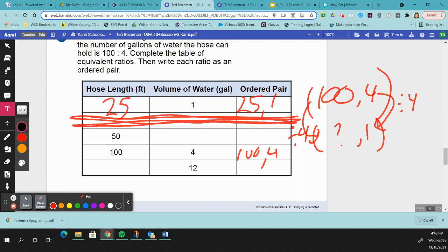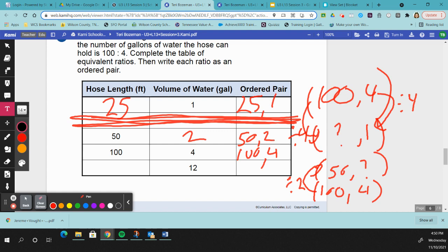Then I look at, okay, I've got 50, right? 50 to something, and my original was 100, 4, right? Well, how do I get from 50 to 100 or 100 to 50 if I was going the other way, right? Divide by 2. If I divide by 2 over here, I get 2. So I have 50, 2.